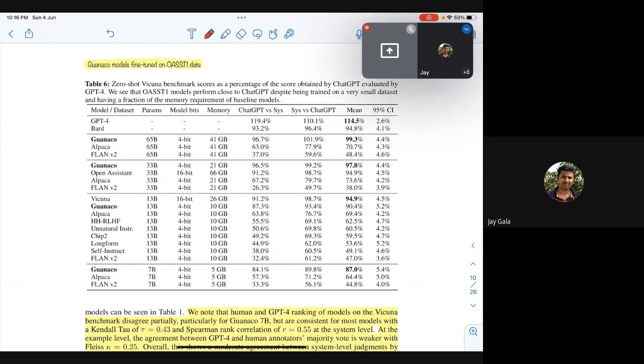And there is this comparison between ChatGPT and the corresponding system, and overall average performance, in different categories, the models tend to perform better than their counterparts. And when you compare BARD and the other models, Guanaco models tend to do better than BARD.